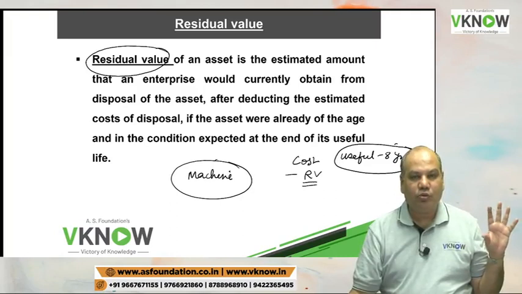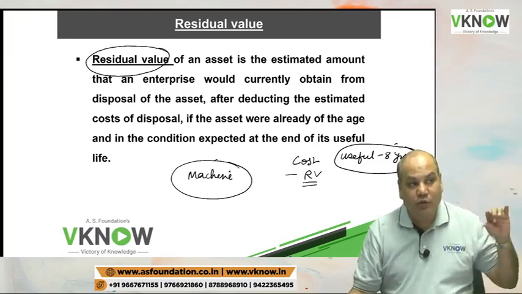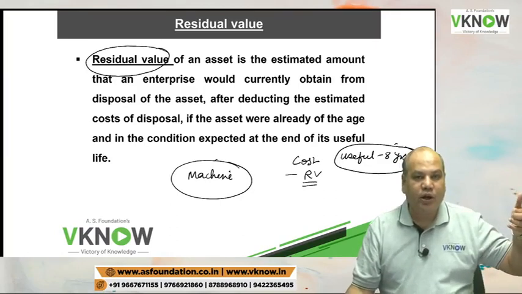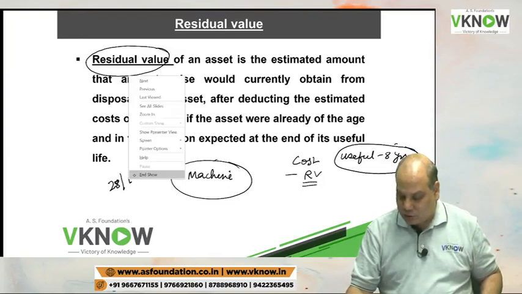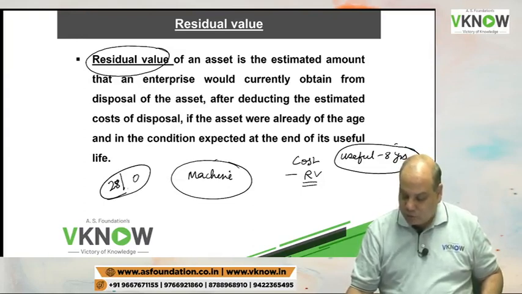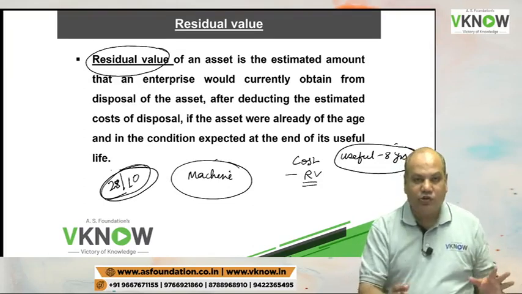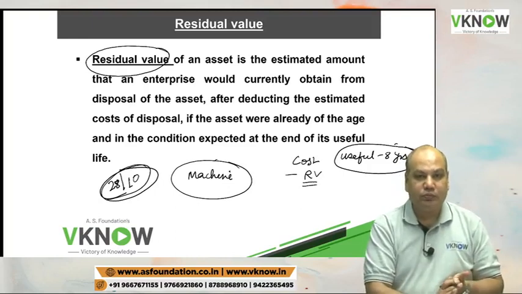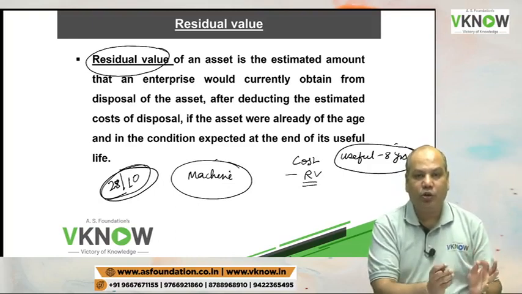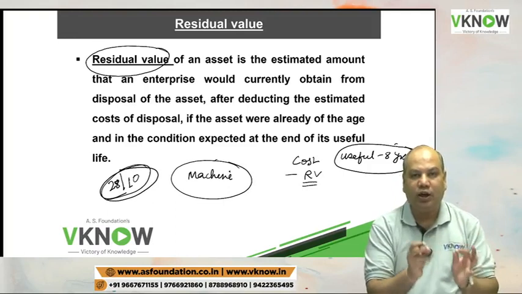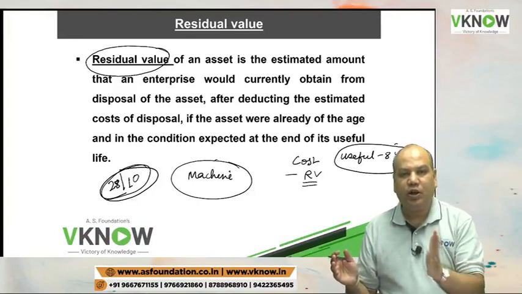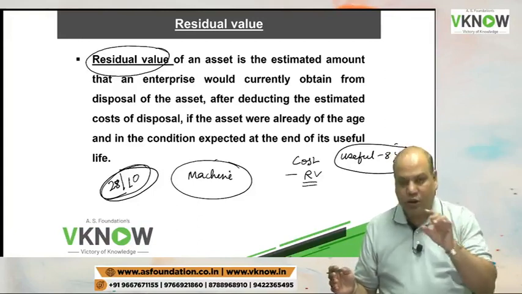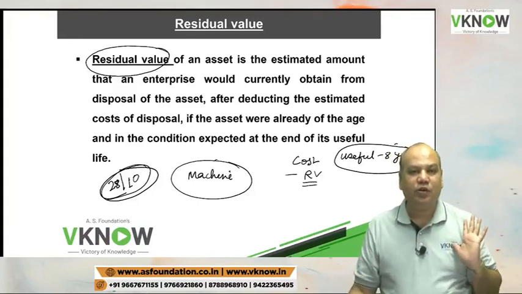Theoretically, or just for understanding, I will go to the market today, say 28th October, and check the value of a similar 8-year-old machine. That will become my residual value.